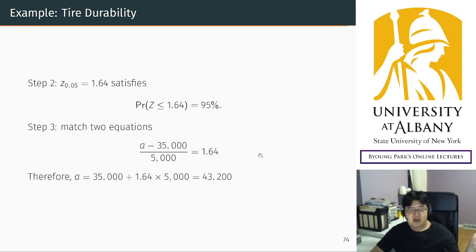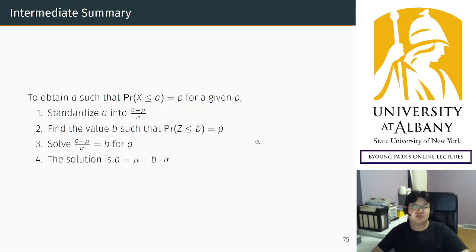So simply, in conclusion, we only need the standard normal distribution. So using the standard normal distribution, you can cover any kind of normal distribution. So that's a very nice property of a normal distribution.